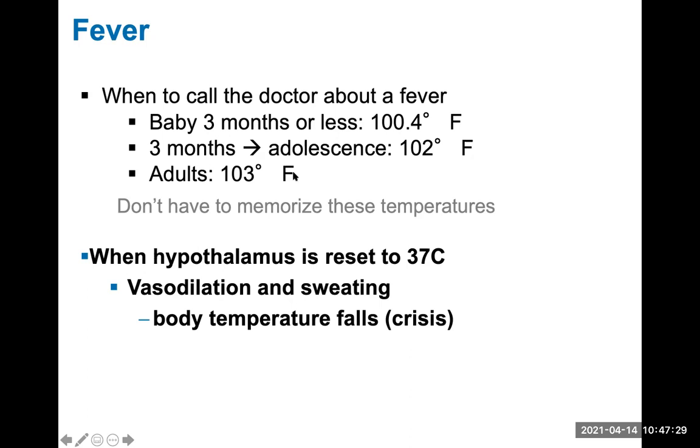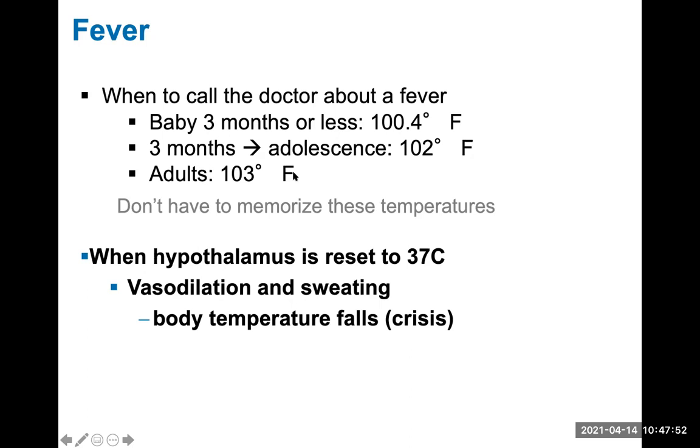Okay, babies 3 months and younger are very sensitive, and they should not ever have a fever above 100.4. So if you have a baby 3 months or less and their fever starts to get to 100.4, you should immediately call the doctor and find out what they advise.